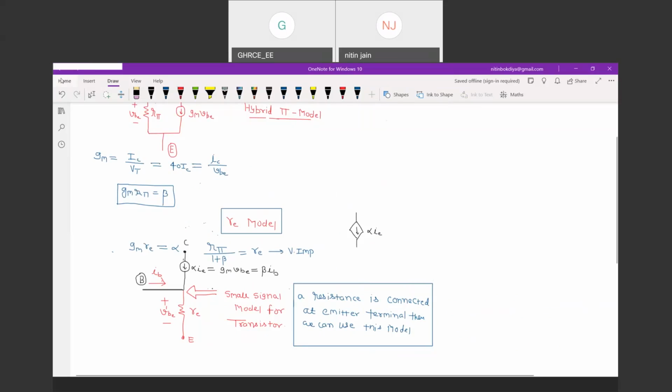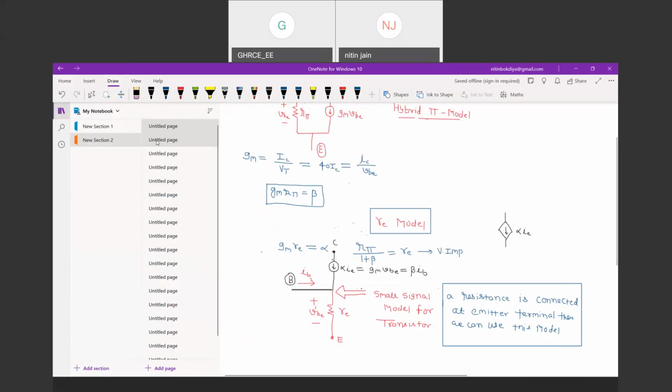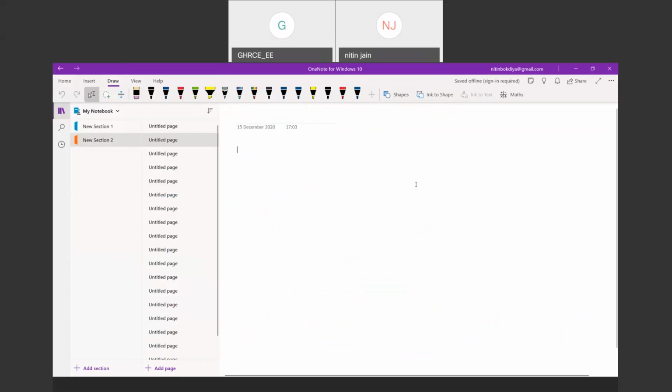So let's analyze all of the transistor configurations so that we get an idea of where to use which model. So we have three configurations.